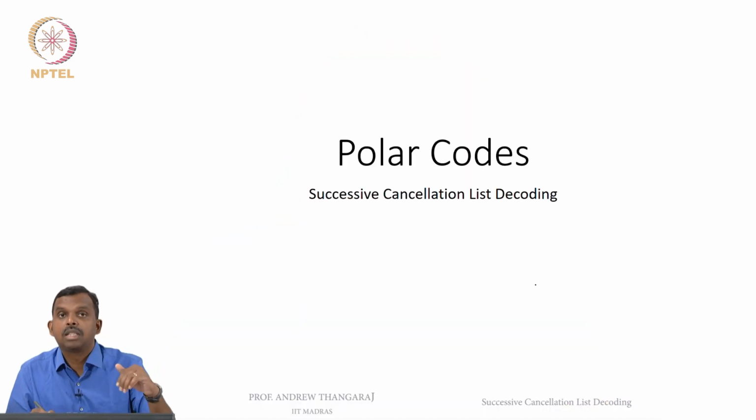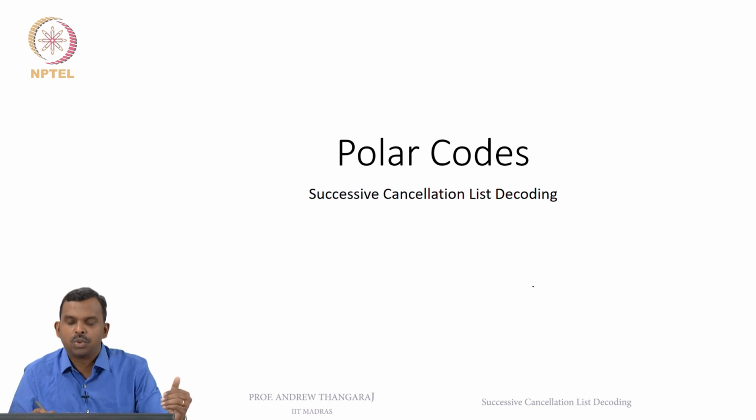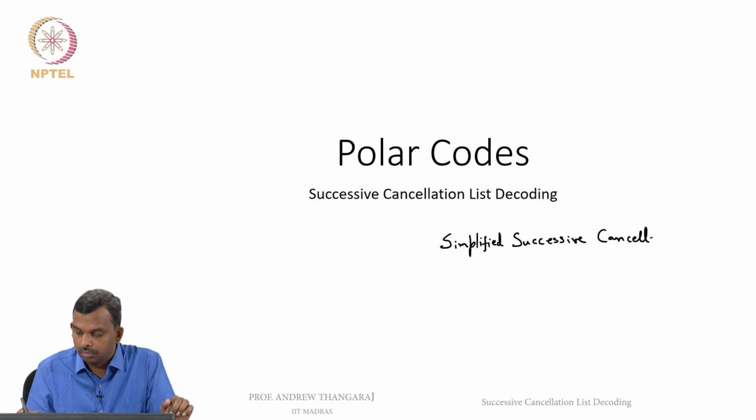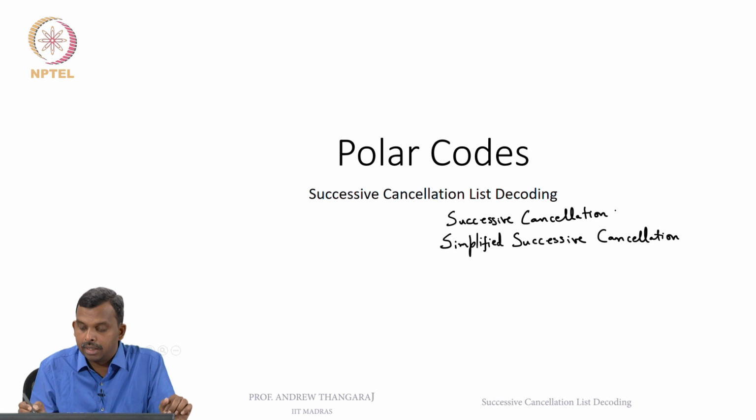If you use the binary tree representation and use that language, the terminology is called simplified successive cancellation decoding. Like I said, successive cancellation is the first decoder that was proposed by Arikan. You can abbreviate it as SC.